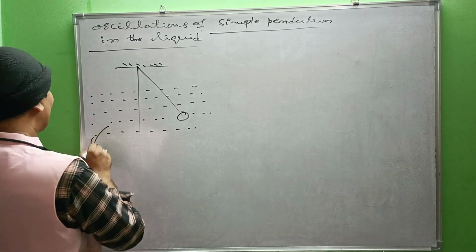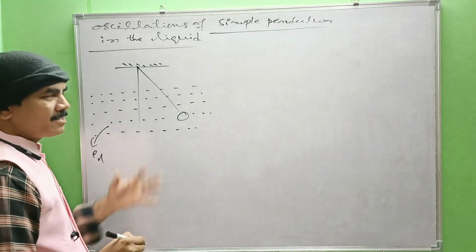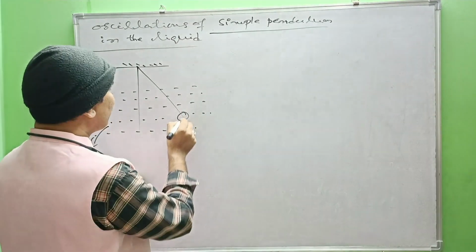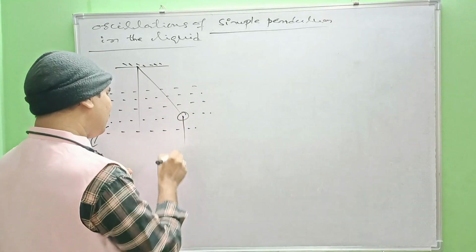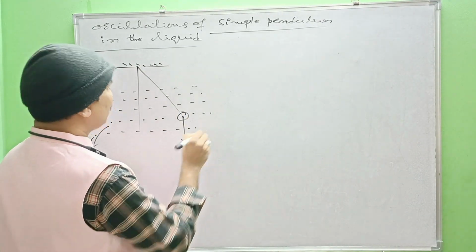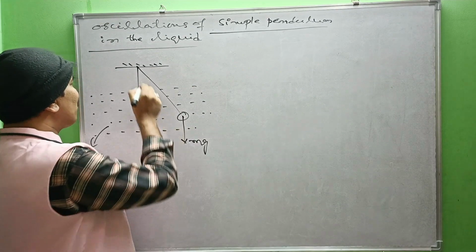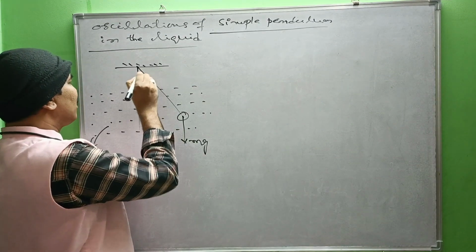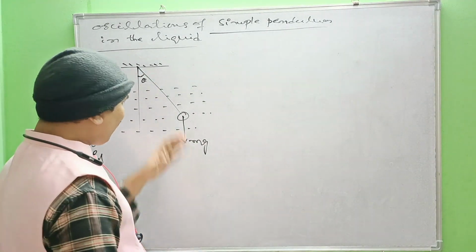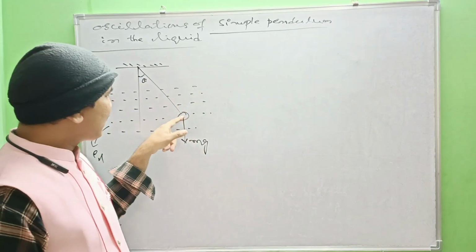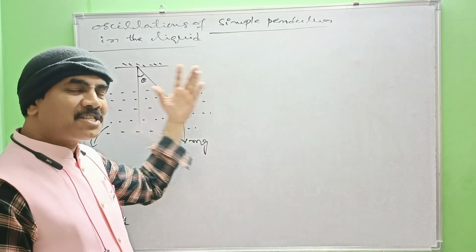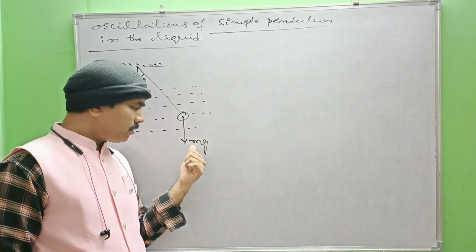What is the density of the liquid? Rho L is the density of the liquid. What is the mass of the bob? M. So it is acted upon by gravity, mg downwards. At this instant, the angle made by the string is theta. As the bob oscillates inside the liquid column, it is acted upon by one additional force in addition to gravity.